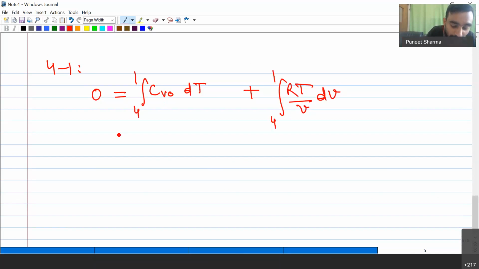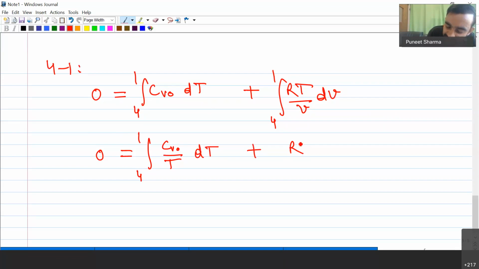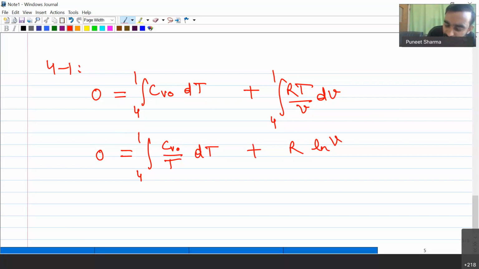Now once again I have to divide both sides by T. So I'll find the integral from 4 to 1 of CV naught divided by T into dT plus R, which is constant, times ln of V1 by V4.